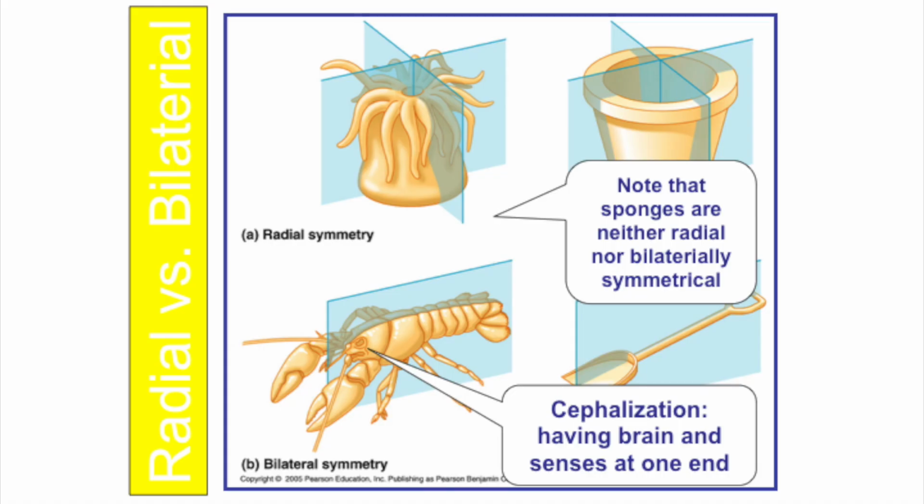We are a bilateral creature. We are cephalized, just like you see down below. And so in this focus on anatomy and physiology, we are only going to focus on bilateral creatures that are cephalized. And to be even more specific, we are only going to focus on humans. This is not anatomy and phys of all creatures.